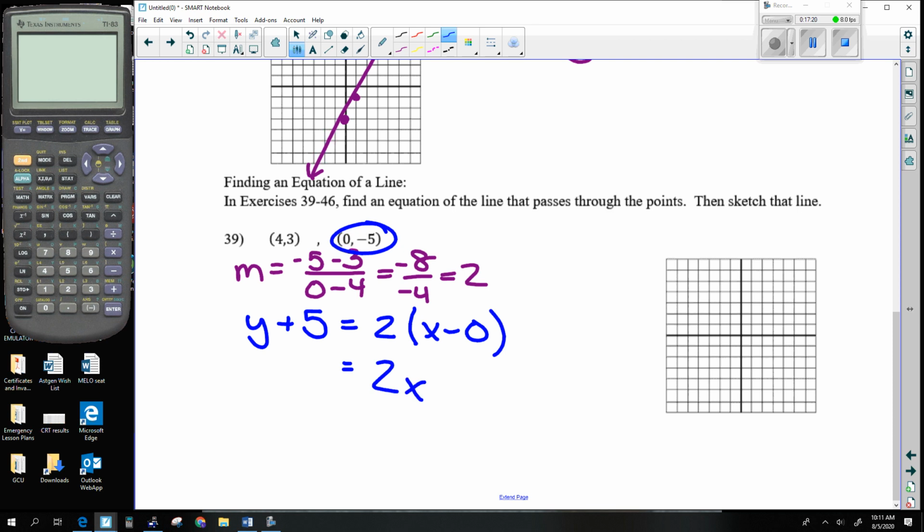So this is 2x with the distribution plus 0, and then I subtract 5. So y-intercept of -5. Okay. And rise 2, run 1.